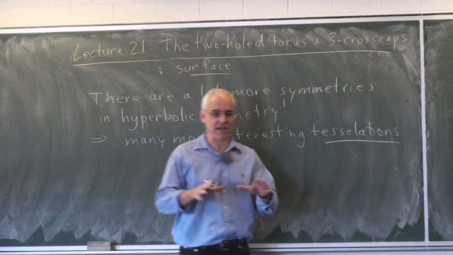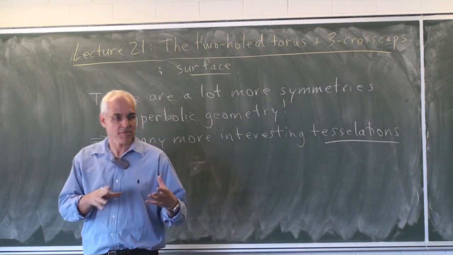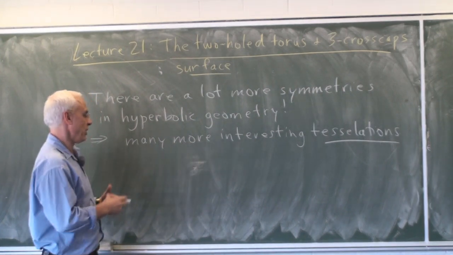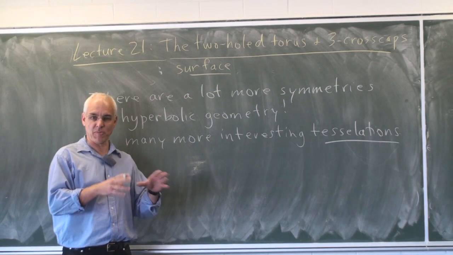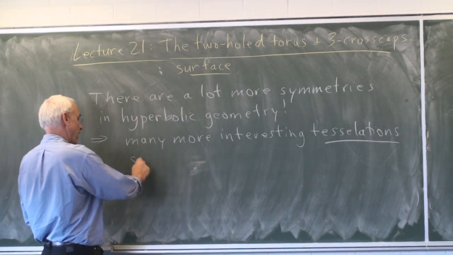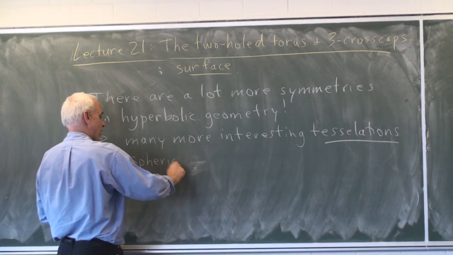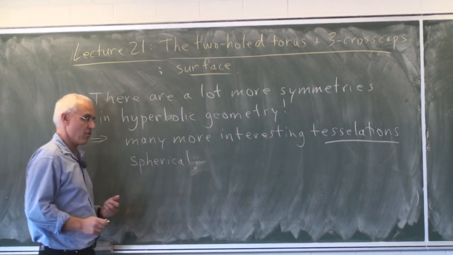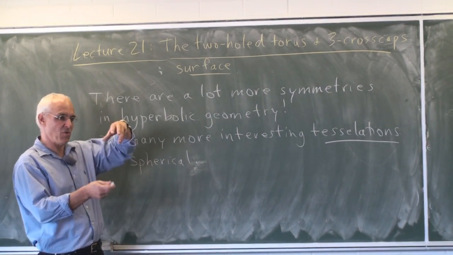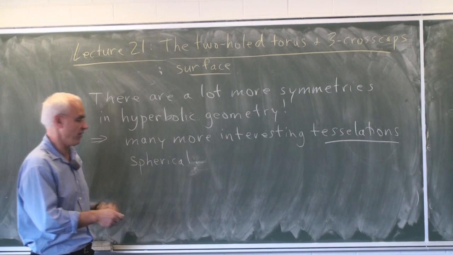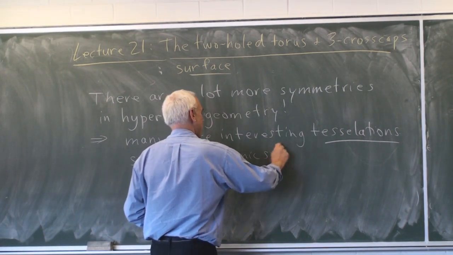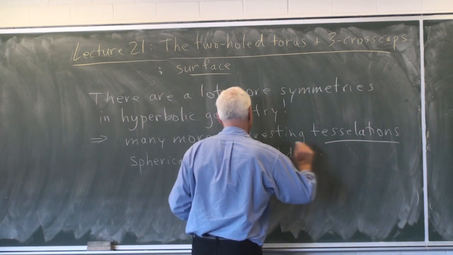So a tessellation is a covering of the plane with the same polygon repeated. And usually we're interested in regular tessellations where the polygons are reasonably regular. And we know that in the spherical case, the regular tessellations are essentially the Platonic solids, plus a few sort of pyramidal like ones, plus a few more.